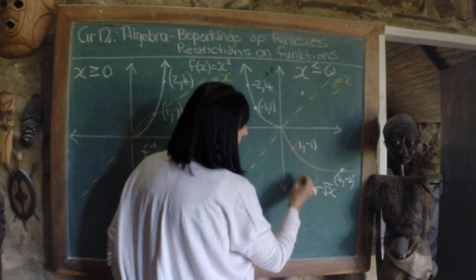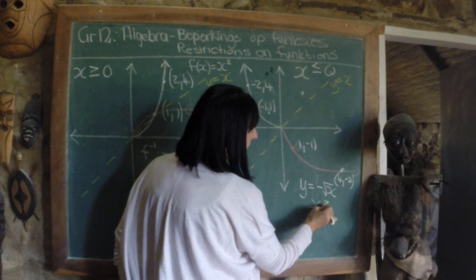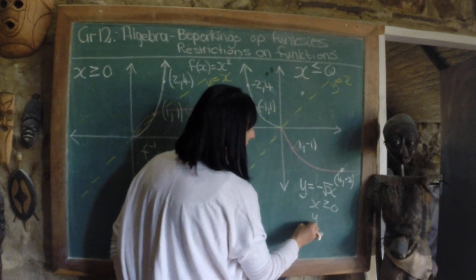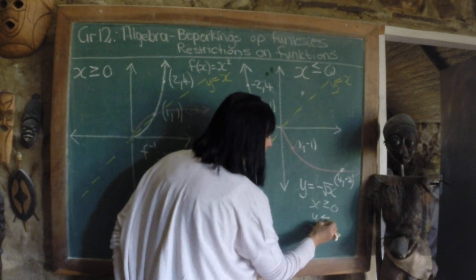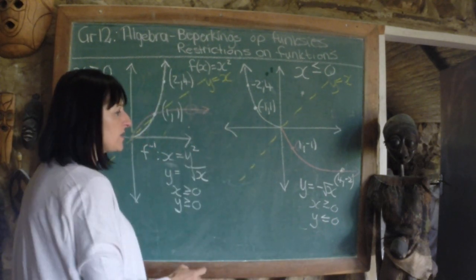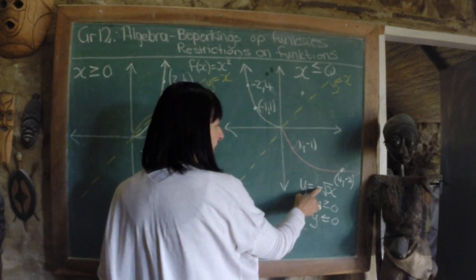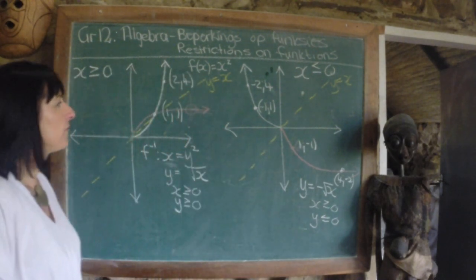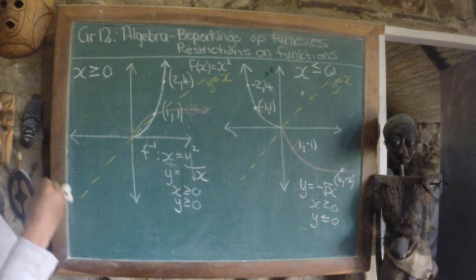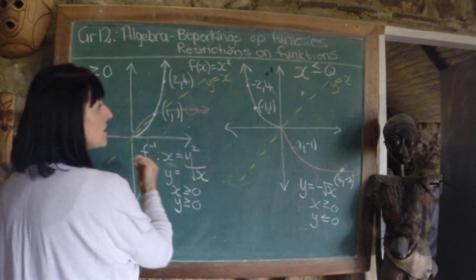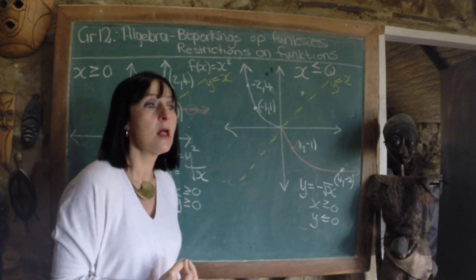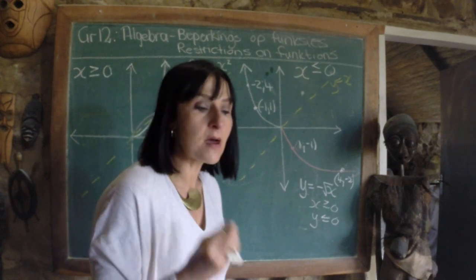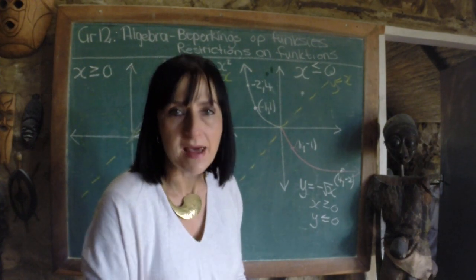So, my x-waardes is nog steeds groter of gelyk aan 0, en my y-waardes is nou kleiner of gelyk aan 0. But it's not necessary to write this, because that minus indicates that it's on the smaller side of the y-axis. Nou het ek inverse funksies vir my parabool gekry deur my parabool te beperk.